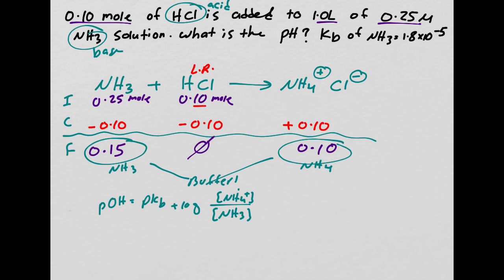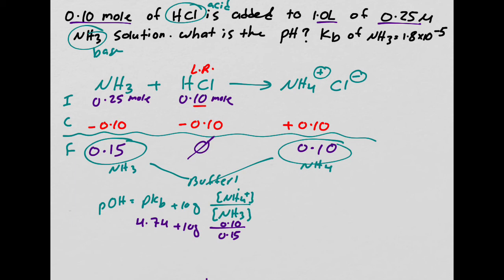In this case it is 4.74 plus log, ammonia is my 0.15, ammonium is 0.10, and it is a 1 liter solution, so the moles and molarity will be the same.